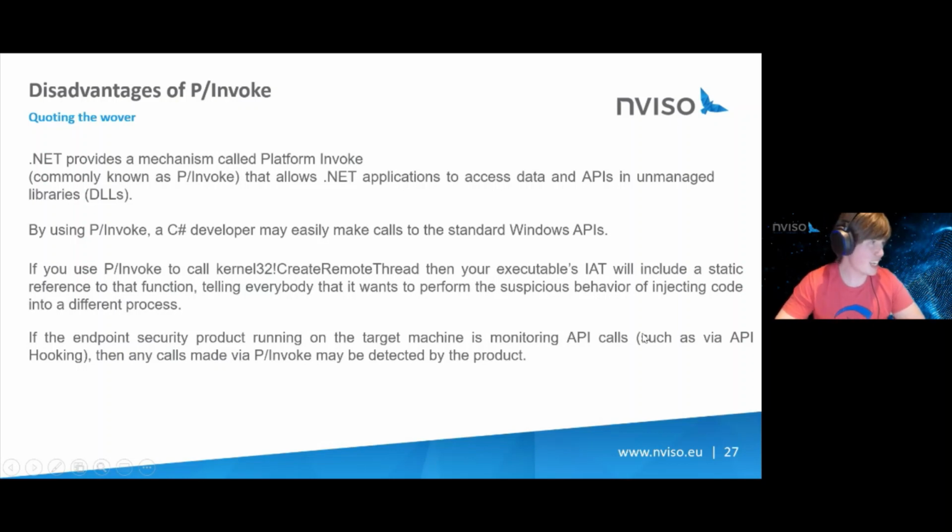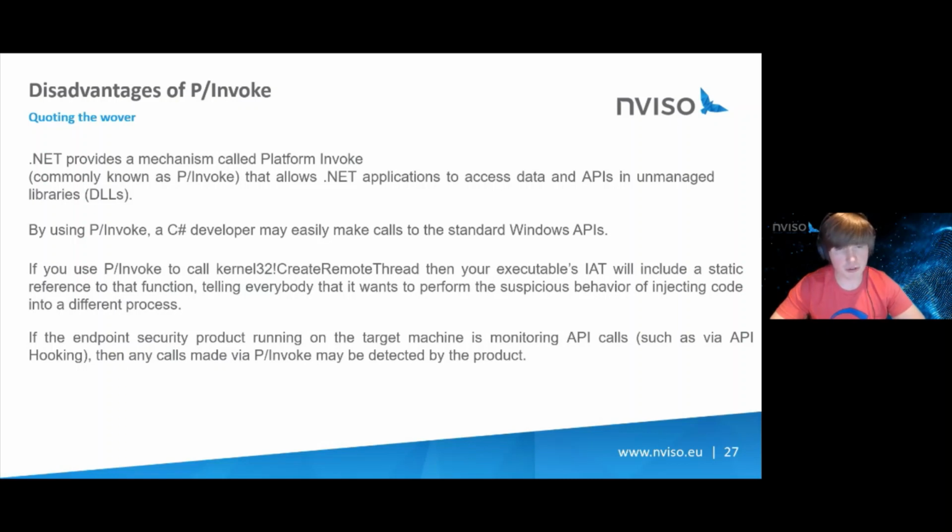Right. Up until this point, I've been using PInvoke, which is the default way of calling underlying Win32 API calls from C#. But PInvoke has some disadvantages, and here I'm quoting the main developer of DInvoke himself. .NET provides a mechanism called Platform Invoke, commonly referred to as PInvoke, that allows .NET applications to access data and APIs in unmanaged libraries, DLLs.